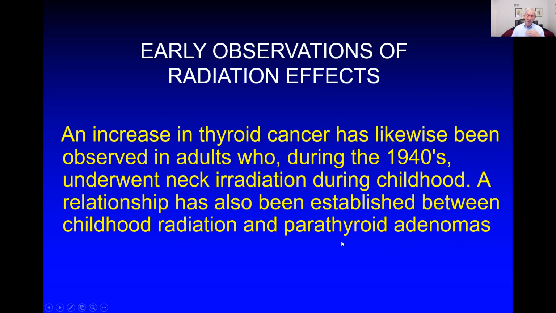Over these many years, she has had 4 separate surgeries for 4 separate parathyroid adenomas caused by childhood irradiation. What we've also learned is that adults who have neck irradiation really don't have any of these side effects. It is the juvenile thyroid that's at risk and not the adult.